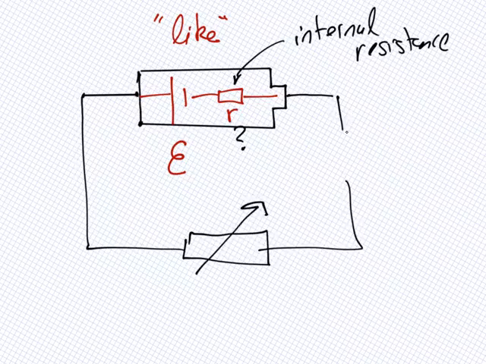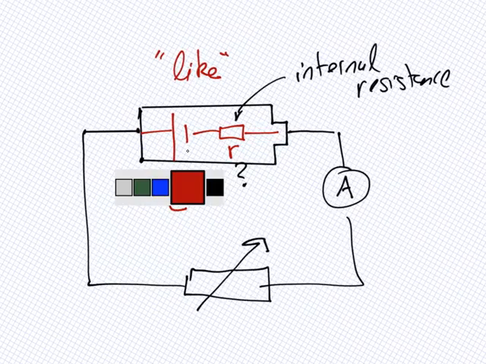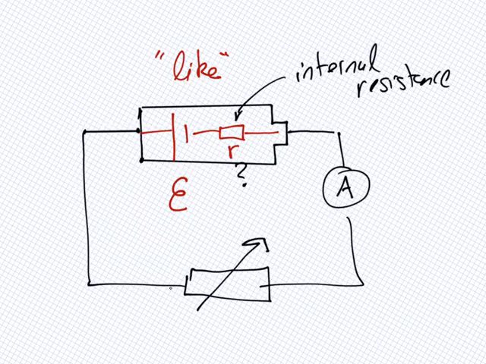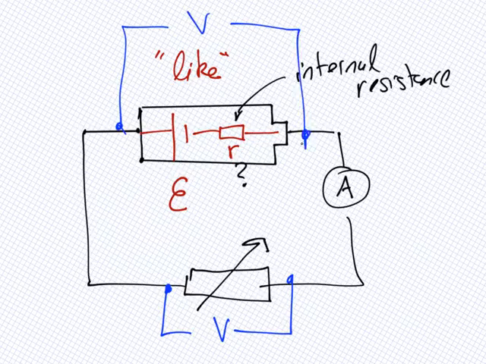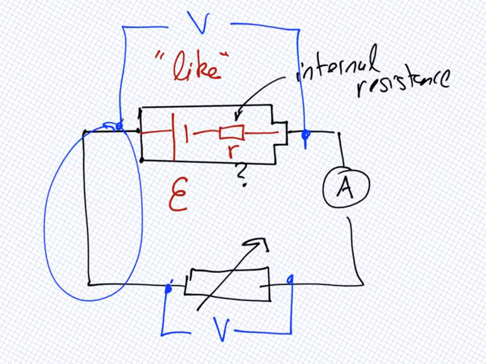We'll put an ammeter here, and usually we put the voltmeter around the battery or the resistor, but it's the same. If I put the voltmeter here or here, you get the same answer because nothing is in between these. You might think, wait, no it's not, because this should be the voltage around the battery and this is the voltage around the resistor.